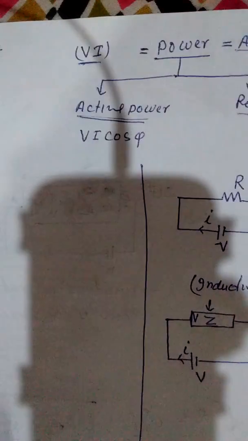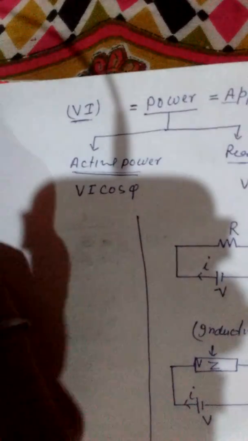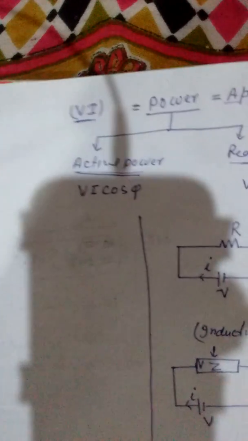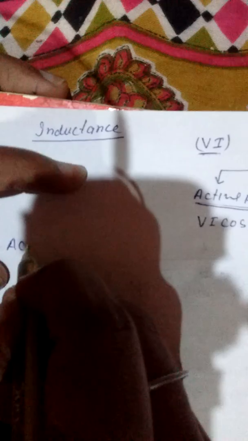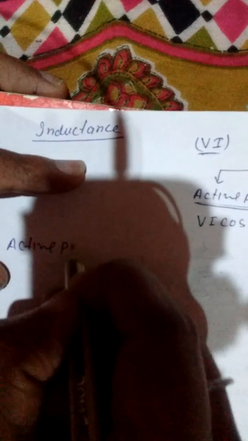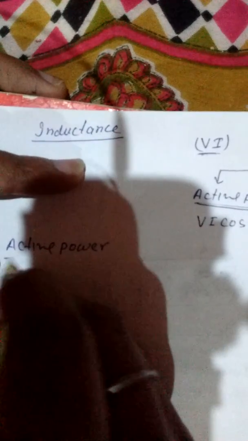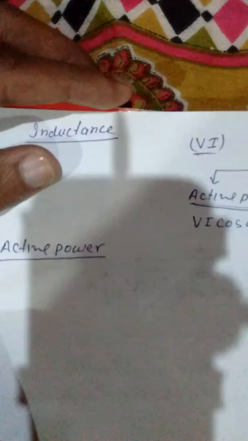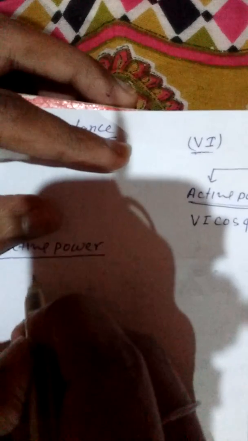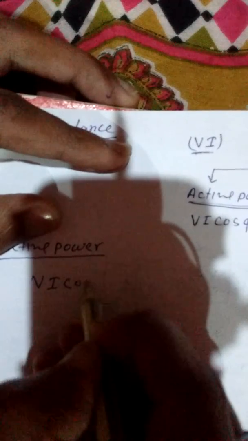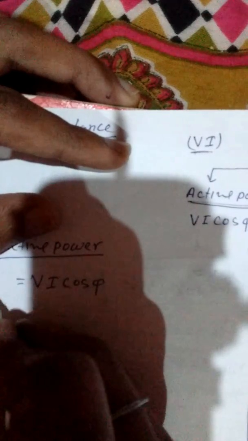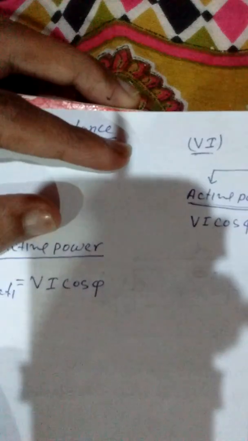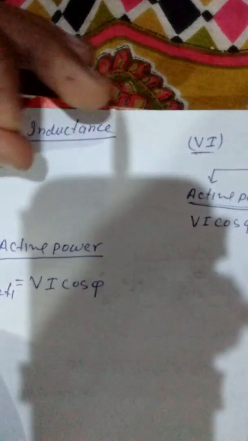Now if we come to active power, as we have defined, active power P is V into I into cos phi.